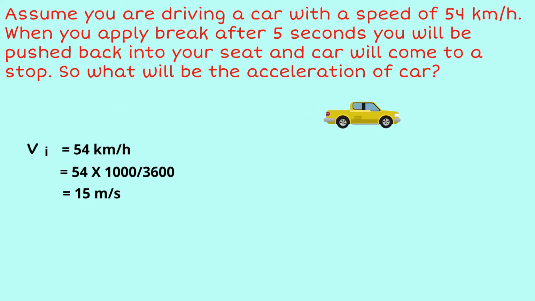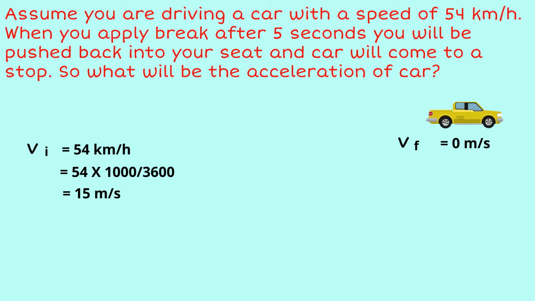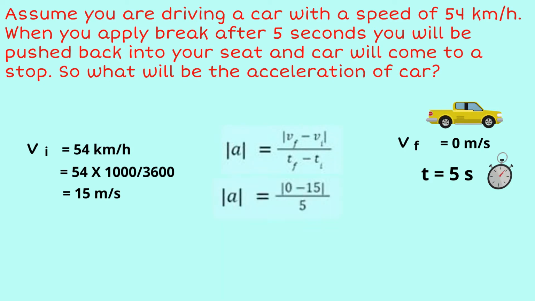Now as you apply the brake, car will stop. Thus its final velocity vf is equal to 0 meter per second, and here the time interval delta t is equal to 5 seconds, right? So acceleration is equal to |vf minus vi| upon delta t, that is equal to absolute value of 0 minus 15 upon 5.